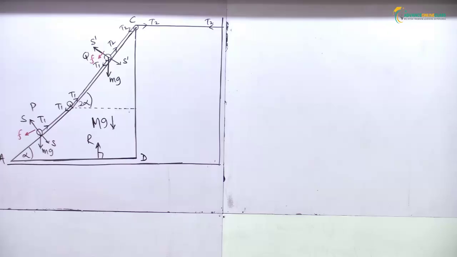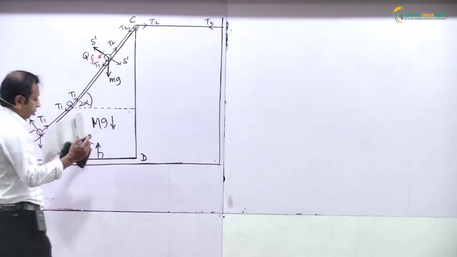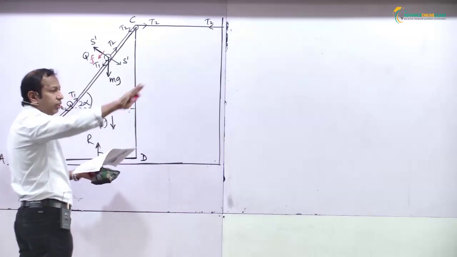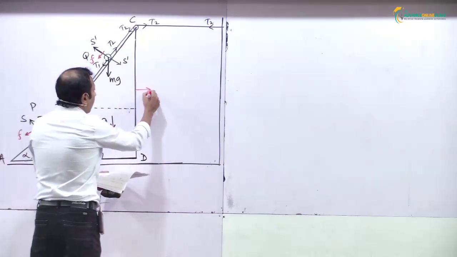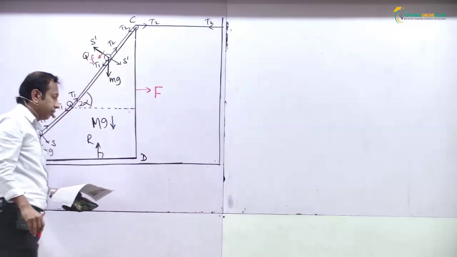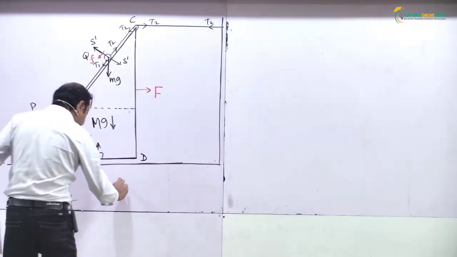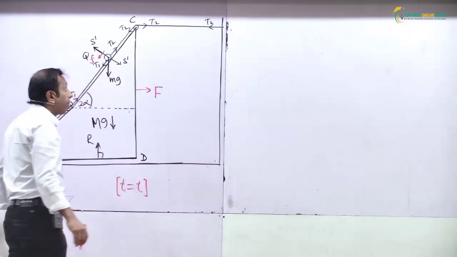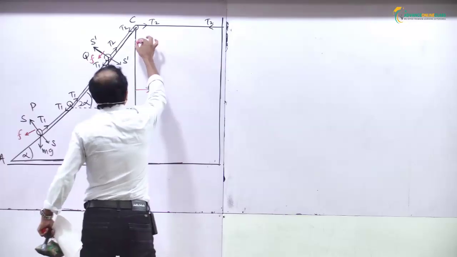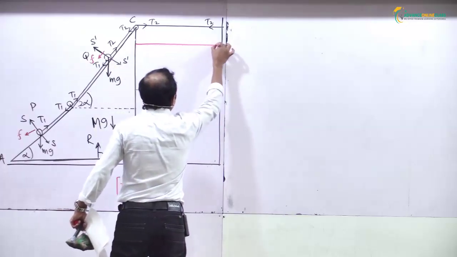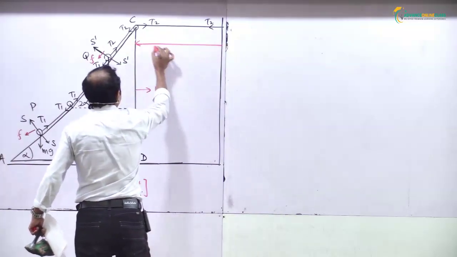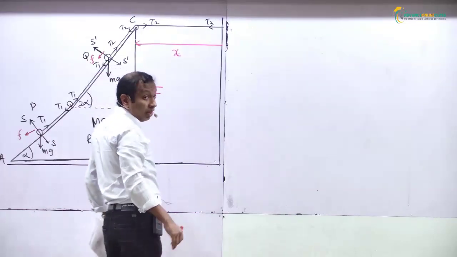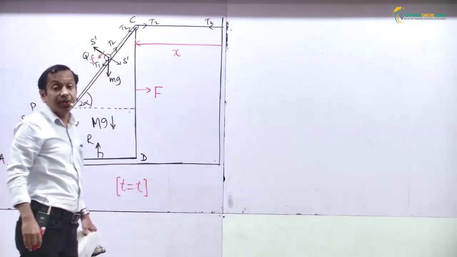Then I take the acceleration of the wedge relative to Earth, going to the right, I take it as F. Here we drew t equals t, no? Then at t equals t, I measure the distance to here. Let this be x.